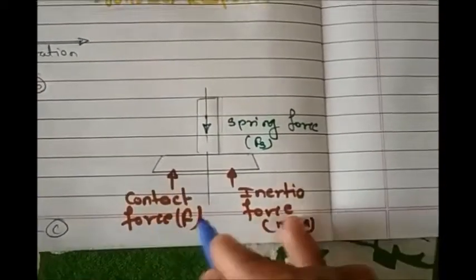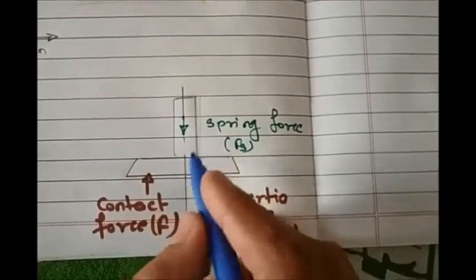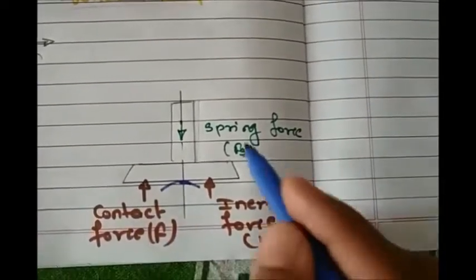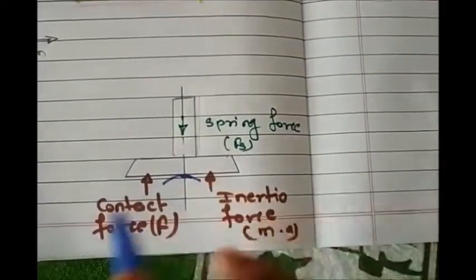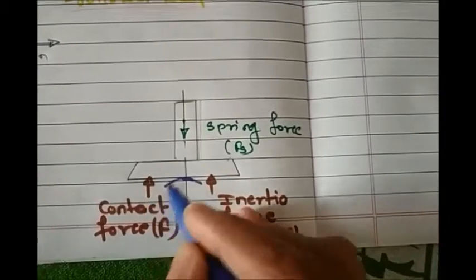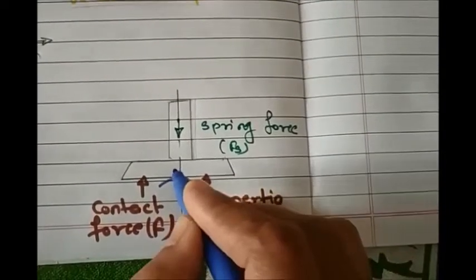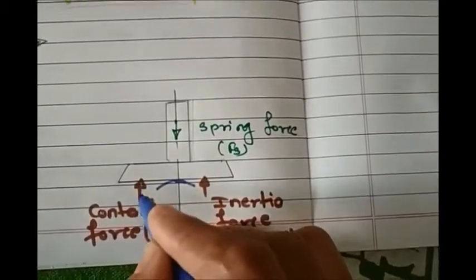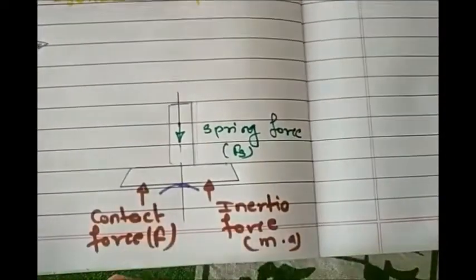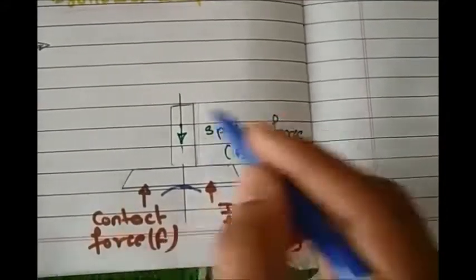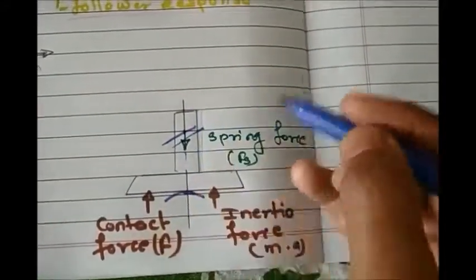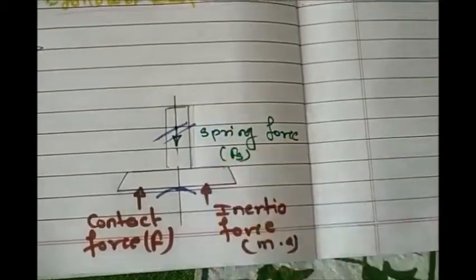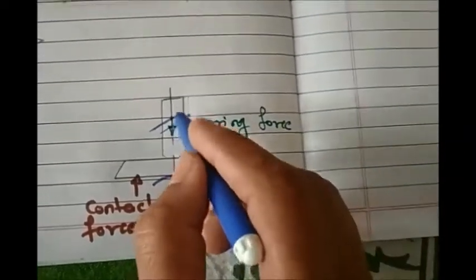See this diagram carefully. Here we have a follower, and let us say it is in contact with the cam surface. Now when the follower is in contact with the cam surface, there is a contact force. The cam exerts force on the follower so that the motion of the cam is transferred to the follower. So we have the contact force in the upward direction. Then the spring force: we use the spring to pressurize this follower against the cam surface, so the spring force is in the downward direction.